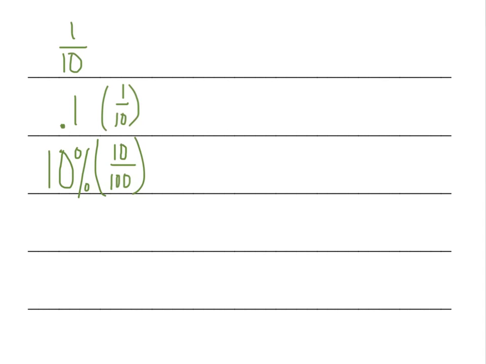Another one would be if we had 1/4. So 1/4 would need to be turned into a decimal. Now, this is how you can do it if you don't have it memorized, which this one is one you will have memorized.